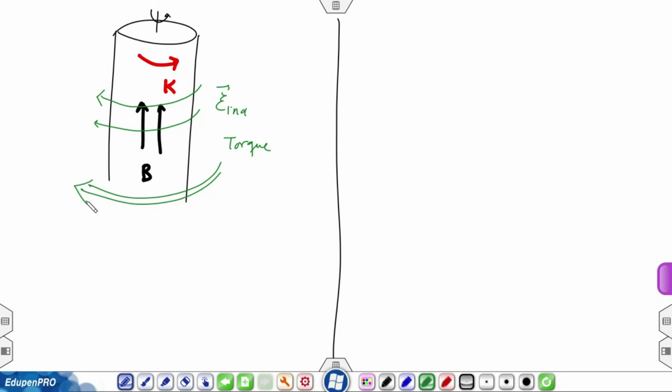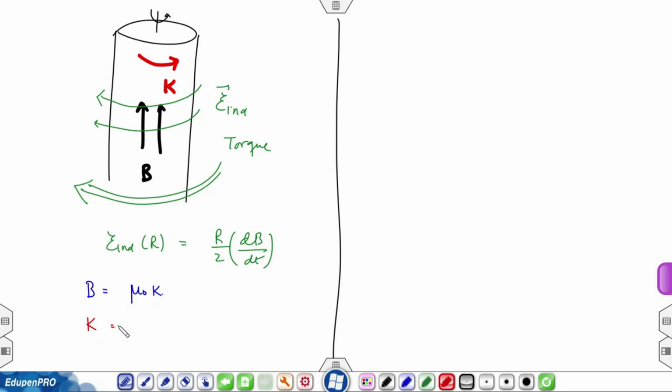I have already calculated E induced in terms of B. So, I have written E induced at R is equal to R by 2 dB dt. B magnitude inside is mu 0 K. What about K itself?